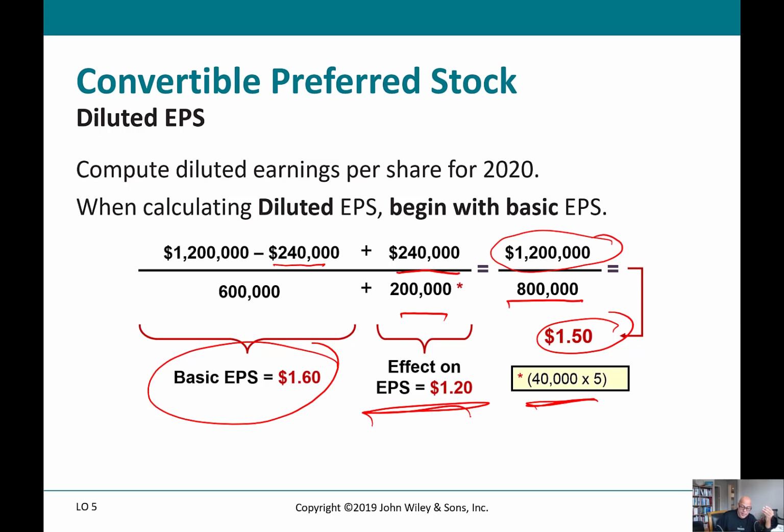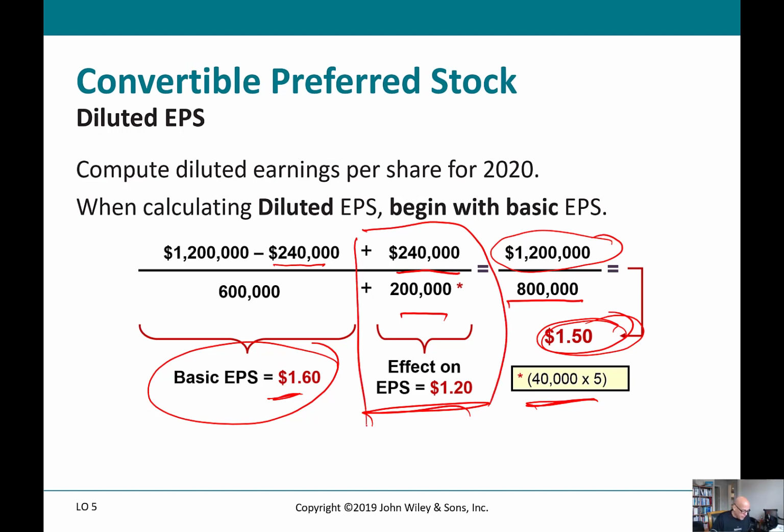And since that's less than 160, mathematically, we know that that had a dilutive effect, and we can then see it on the total. It is dilutive because it's less than the primary. But you have to evaluate each conversion separately like that.